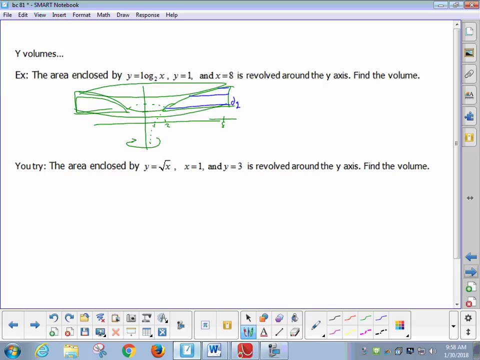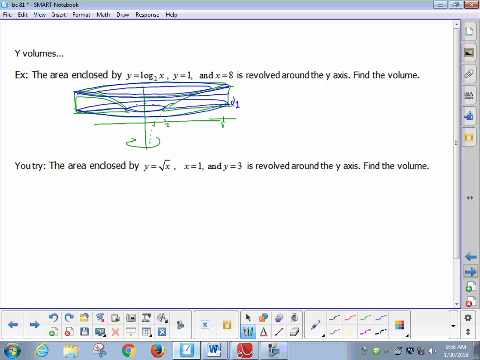When we run rectangles vertically, we're using y. If we revolve those, because there is a gap between the region and the axis of revolution, we are getting washers, not discs. Do you agree with that conclusion?